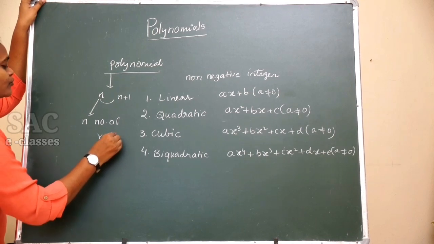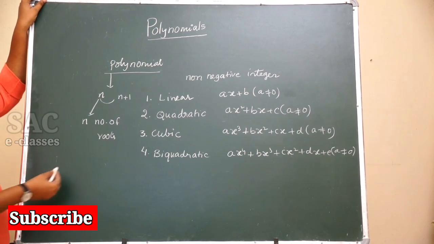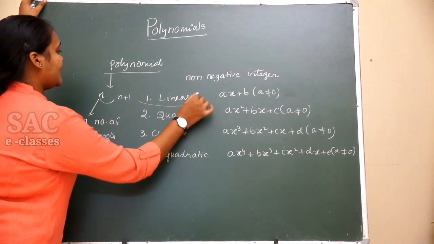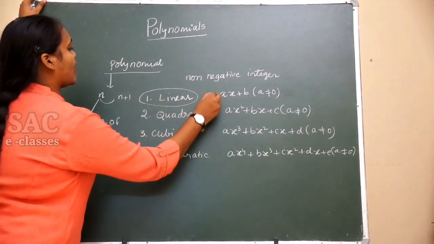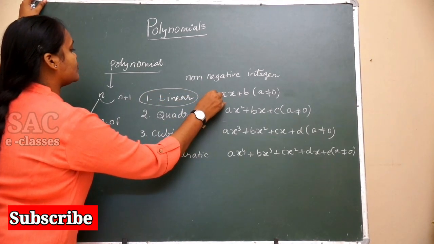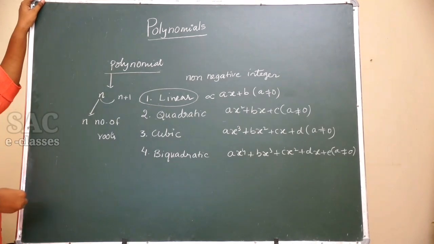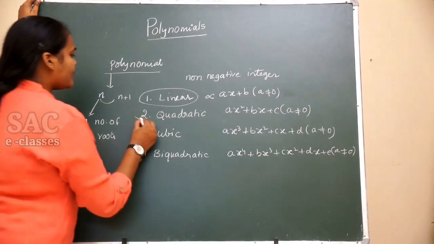So what have we learned so far? A linear polynomial has one root or one zero. That zero is called alpha.